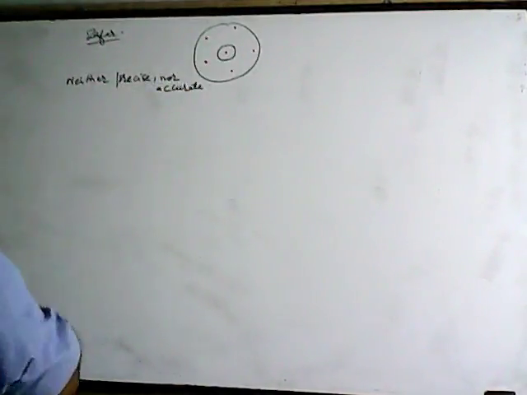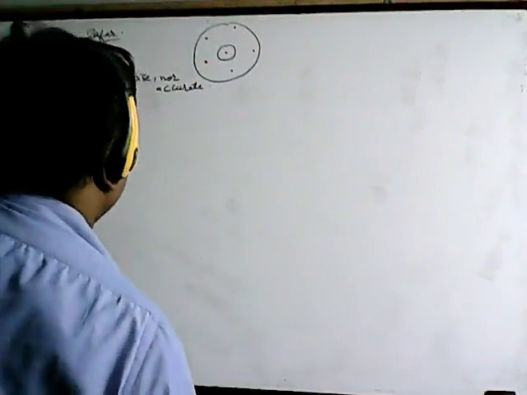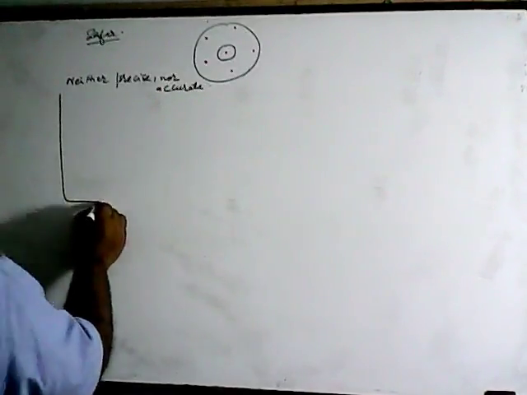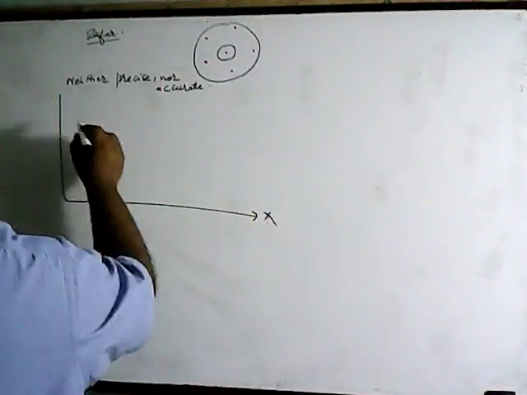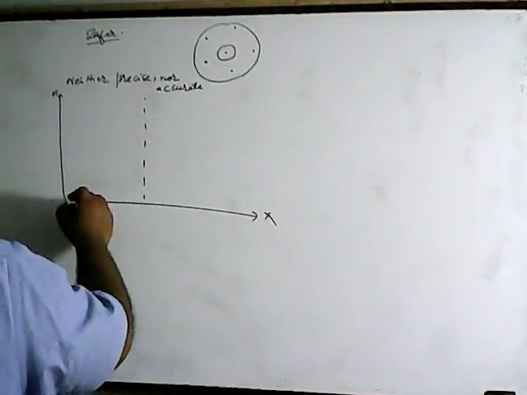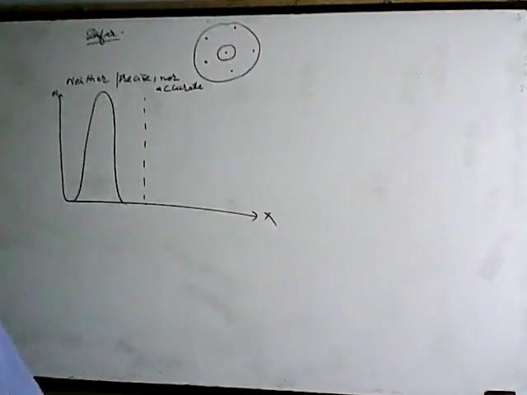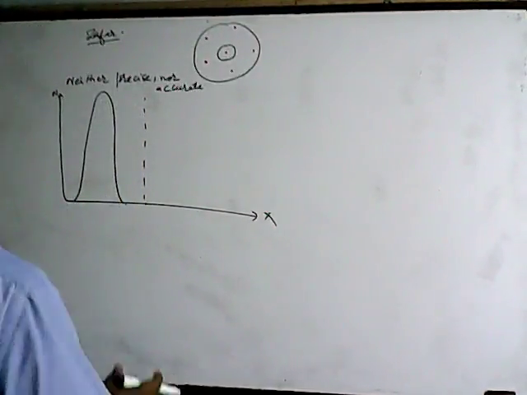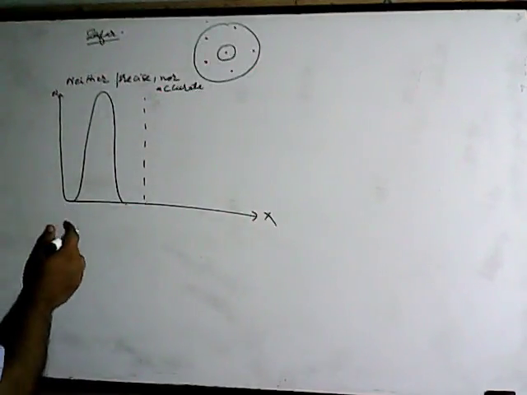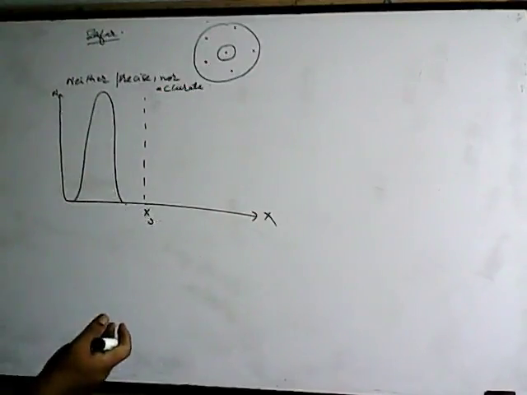He may have a very wide loop and it would not be symmetrical with respect to the actual value. Suppose in the graph this is x and this is n, and if this is the symmetrical line, you may have a wide loop here like this one. This is not symmetrical, this is the x naught, and this is not precise, the values are spread out.